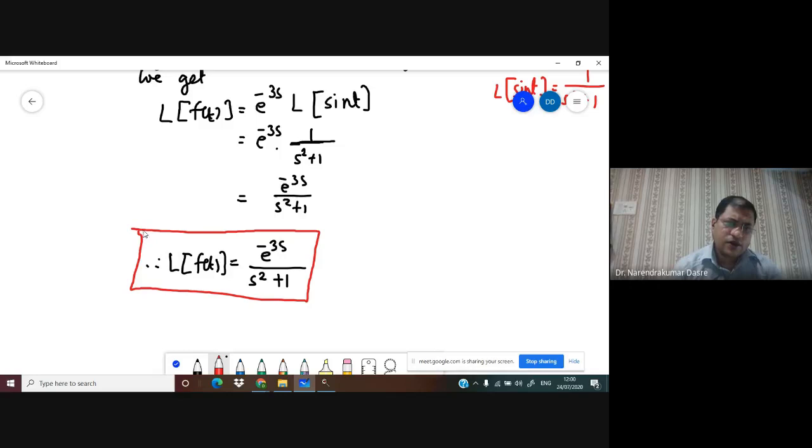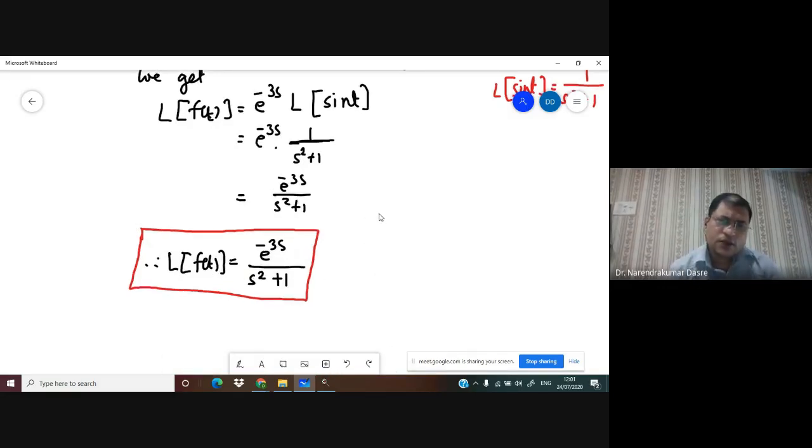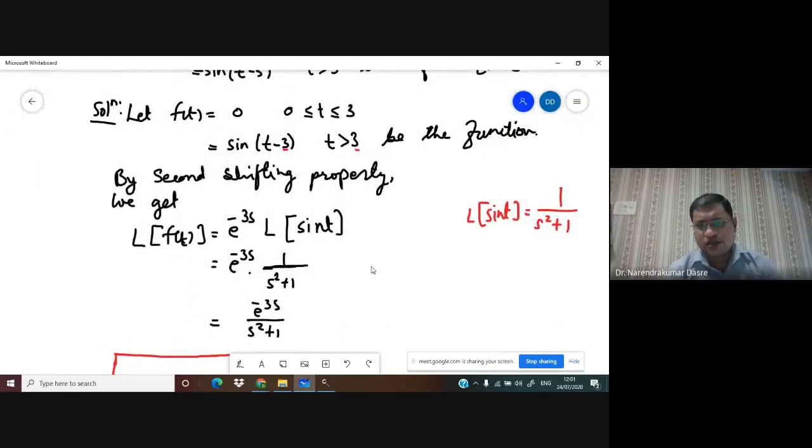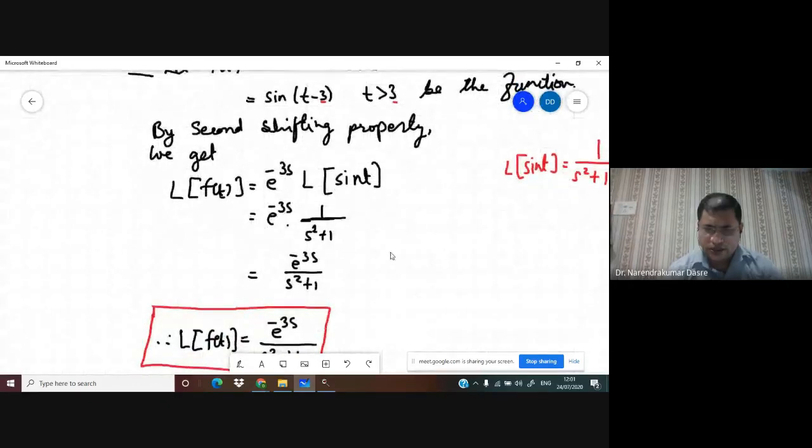This way we are able to get the Laplace transform of this. So this is how we use the second shifting property, which is very easy.